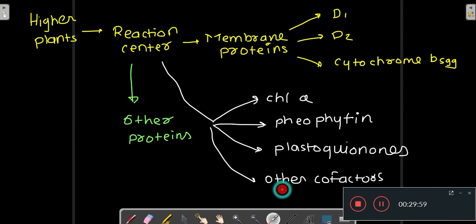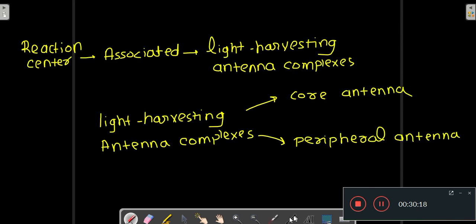So this is the composition of the reaction center in higher plants. Now the reaction center is associated with light harvesting antenna complexes, and we know that light harvesting antenna complexes are of two types, that is core antenna and peripheral antenna.